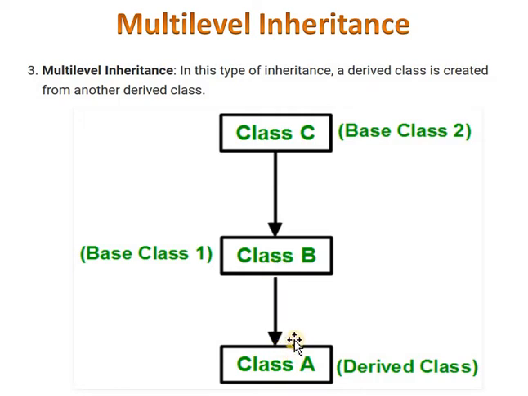Here, class A is a derived class of the base class B, but the base class B is again derived from the class C. So, we call this type of inheritance multi-level inheritance.